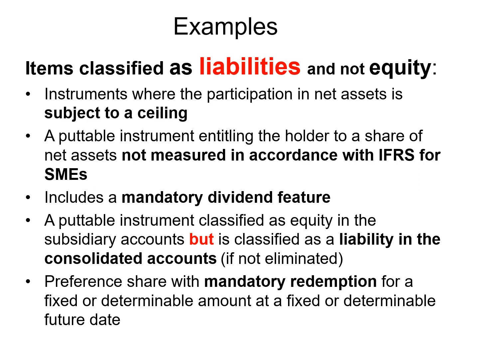Maybe these items are not measured in terms of IFRS for SMEs, or they include a mandatory dividend feature, or it's an intercompany transaction, and when it comes to consolidation, this item is classified as a liability on consolidation rather than as an equity instrument. These sorts of things will be classified as liabilities, even though the nature of them may make them seem like they're equity instruments.